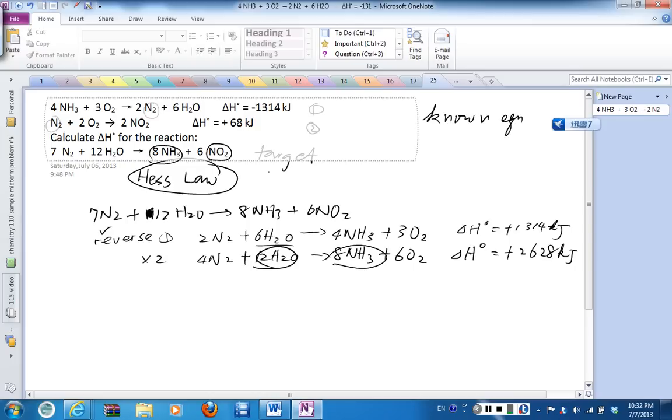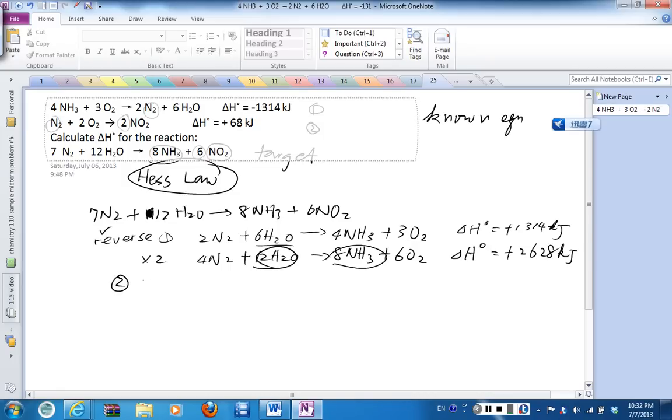The one after that is NO2. NO2 only shows up in known equation number 2. Now, lucky for us, in known equation number 2, the NO2 is on the side that we wanted. It's on the product side. In the target equation, we want it on the product side as well. So there's no need to reverse anything. But the number doesn't match. Known equation we have 2. Target equation we want 6. That's easy to fix.